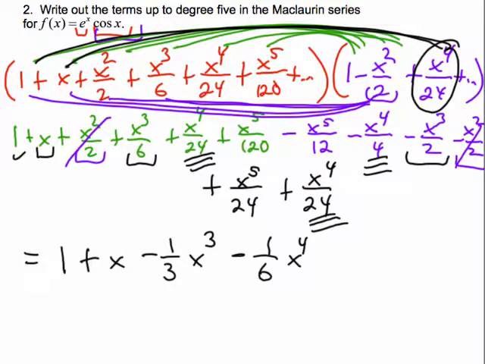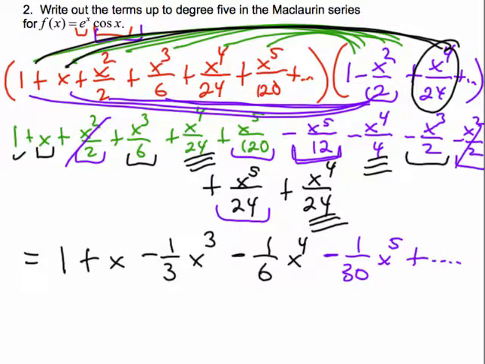And degree 5, 1/120th plus 5 1/20ths, which is 6 1/20ths, minus this one, 10 1/20ths, is negative 4 1/20ths, which is negative 1/30th, x to the 5th.